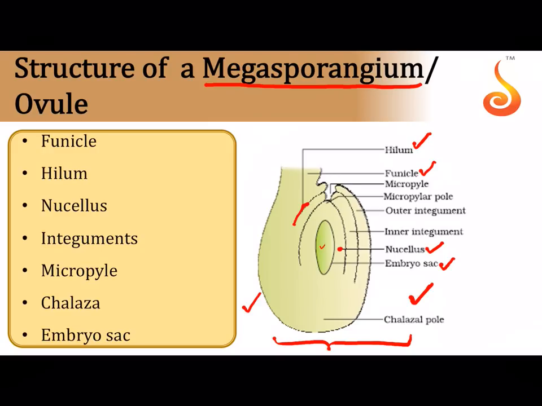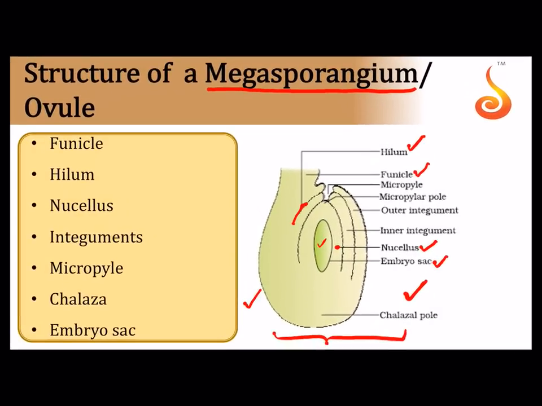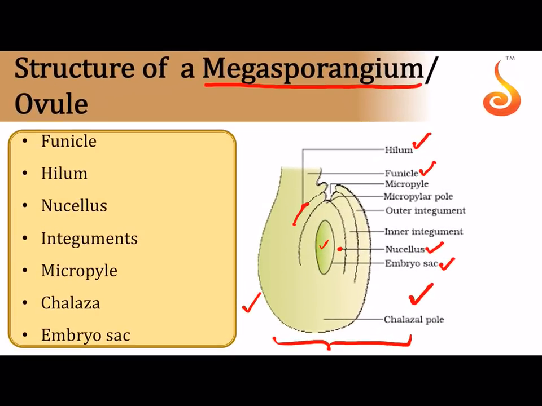Here they have shaded the embryo sac in green, and the surrounding tissue, you can imagine there are cells in it, is what is referred to as the nucellus. Then what are these coverings? This is the inner integument, this is the outer integument. These are the protective coverings which encircle the nucellus. And what do you call this point where the integument is not there?